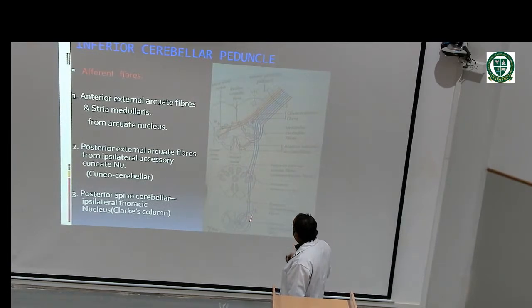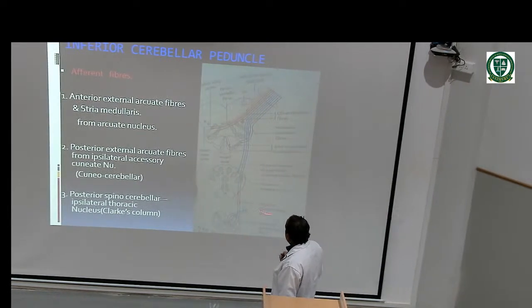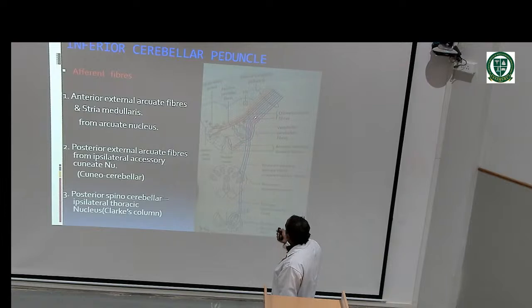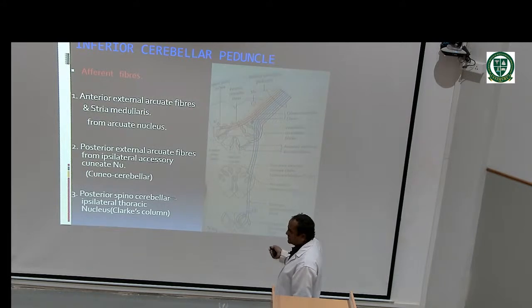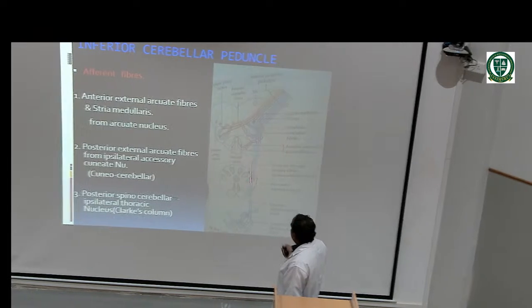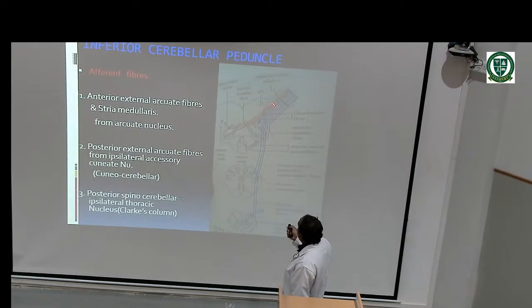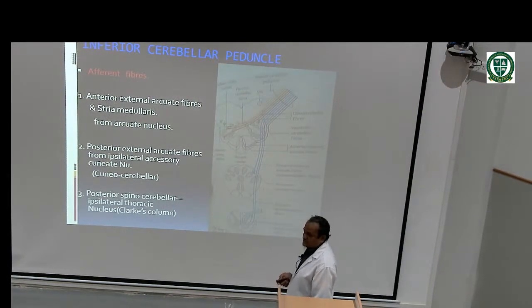So these are the posterior spinocerebellar tracts, and they arise from the ipsilateral thoracic nucleus. Already you studied about the thoracic nucleus. This bundle of nerve fibers is also called Clark's column. So they are also part of the inferior cerebellar peduncle.